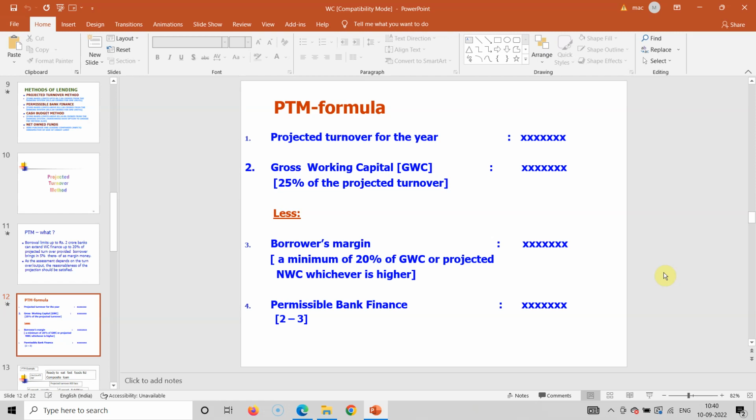So we take it here as 20%, that will be the financing. The PBF, permissible bank finance, will be 2 minus 3. 2 means gross working capital minus borrower's margin, right? So that will be the PMT formula.